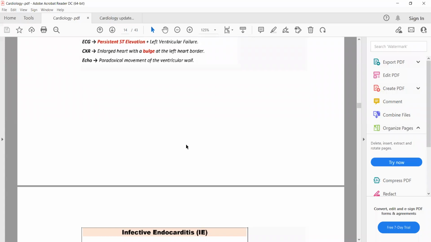So that's why, to prevent these complications, we need to prescribe rivaroxaban, apixaban, or warfarin to the patients with ventricular aneurysm. Okay. Thank you.